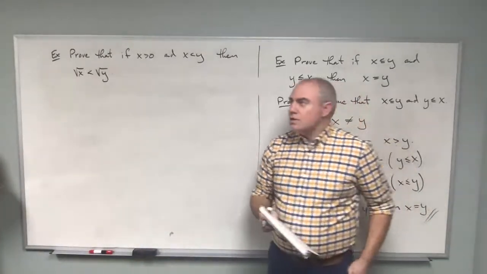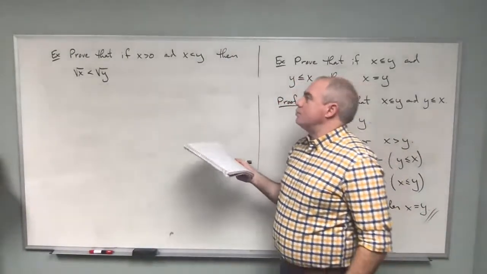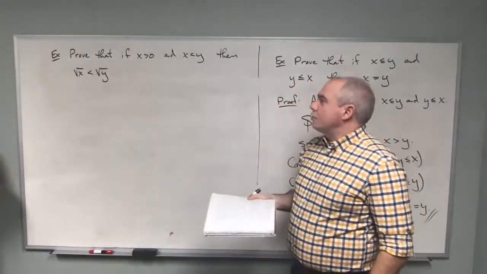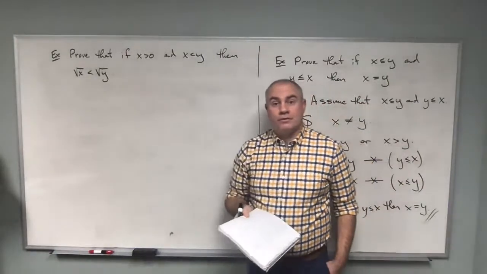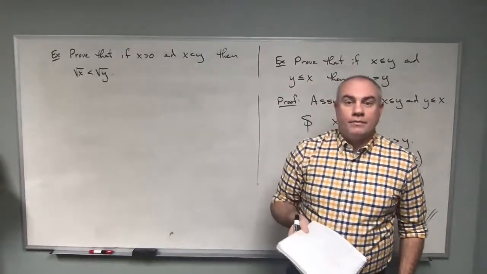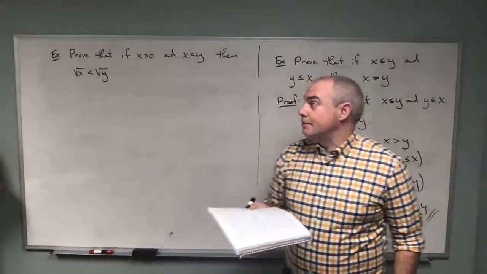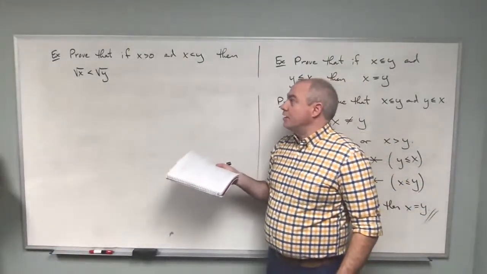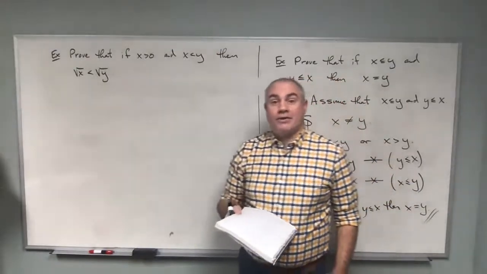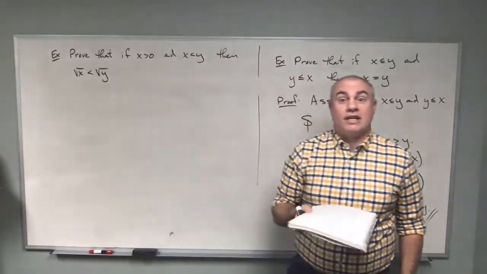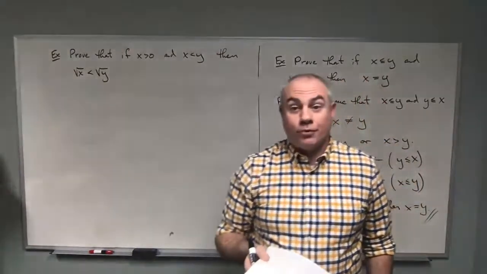Okay, so I think that you'll find that this would actually be sort of challenging to prove. If you try to do a direct proof of this, this would be difficult. So the way that we're going to go about this again is we're going to try to do this indirectly, or a proof by contradiction.